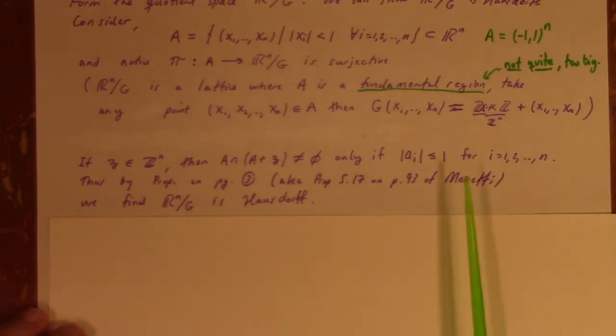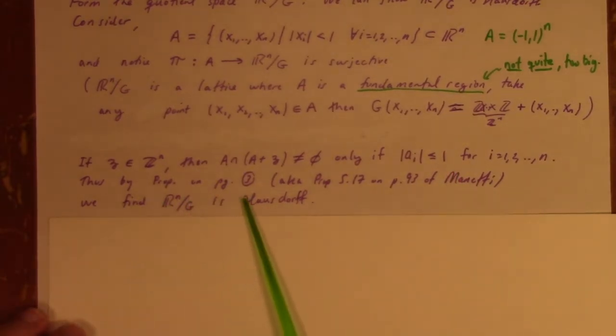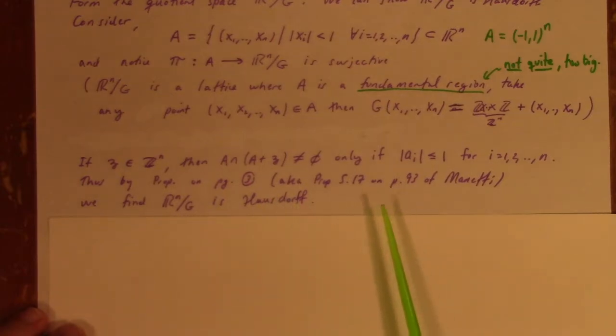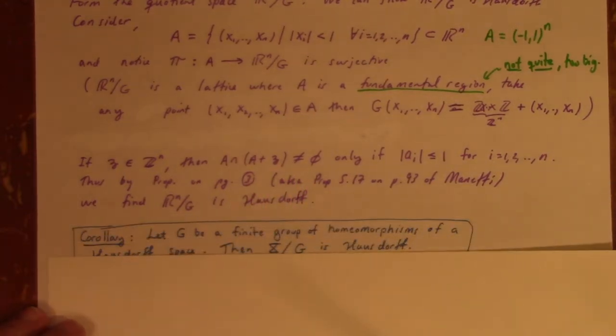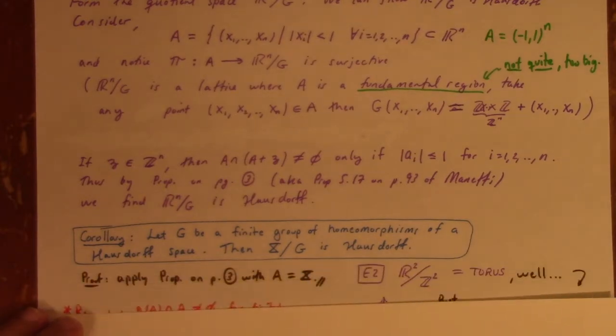But anyway, so by proposition on page 3, which I just showed you a second ago, we find that Rn by G is Hausdorff because there's finitely many Z's for which that happens.